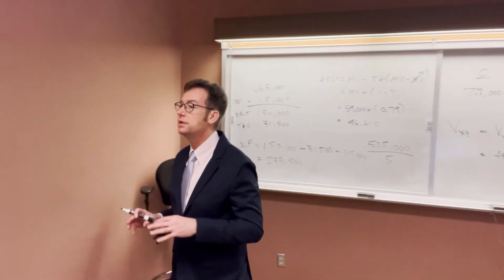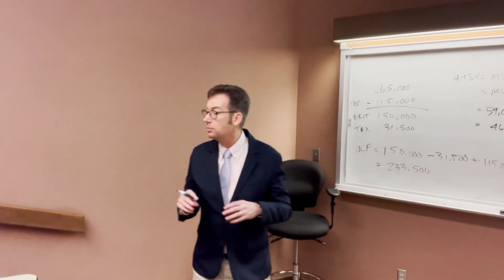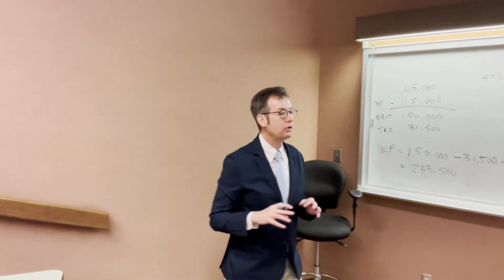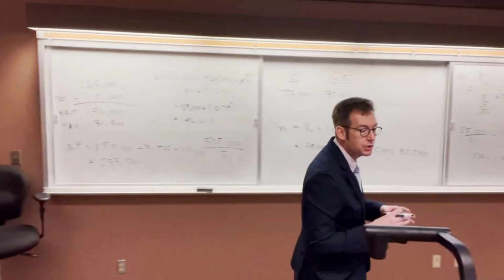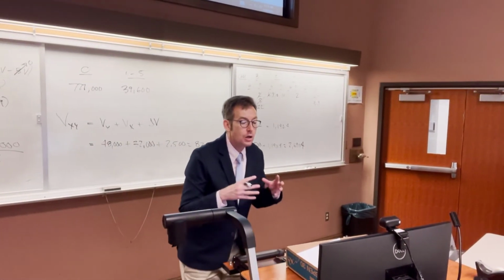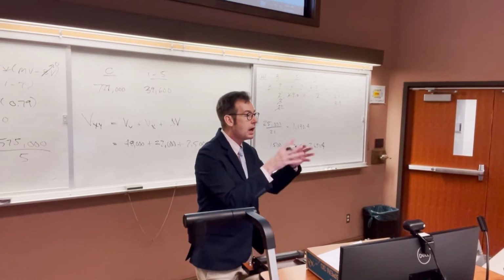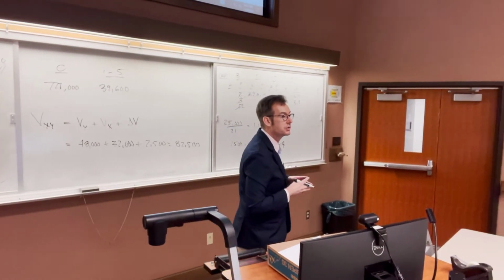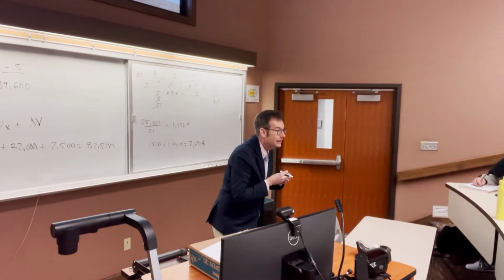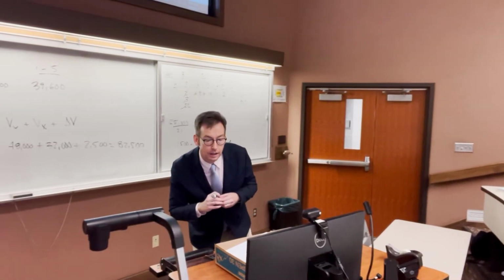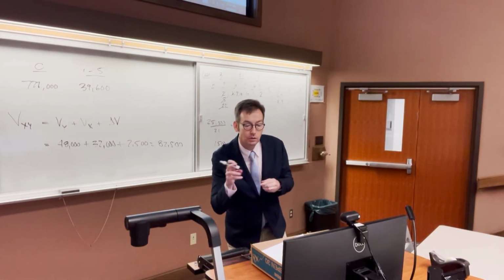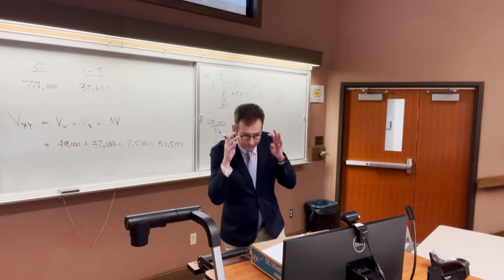Now all we've got to do is figure out the number of shares that are going to be outstanding after the merger. So they say they're going to use 35,000 worth of Firm Y stock. How are we going to figure out the number of new shares issued? We know it's 35,000 divided by 1,200? Nope.